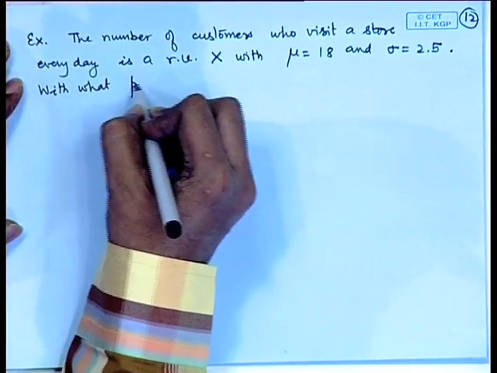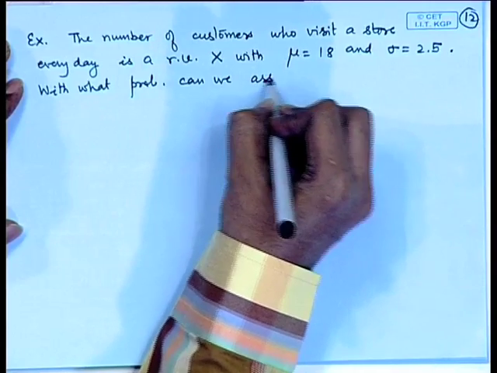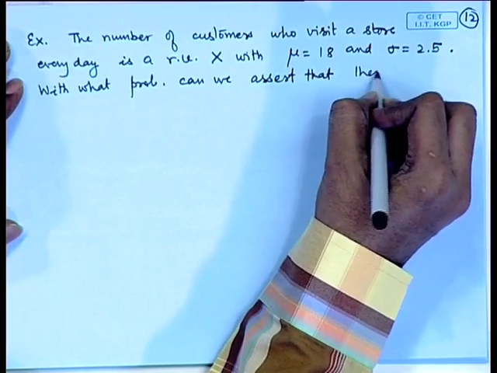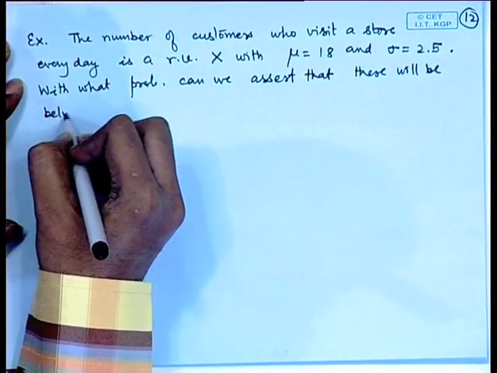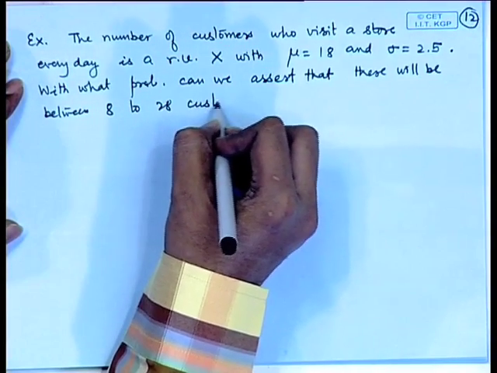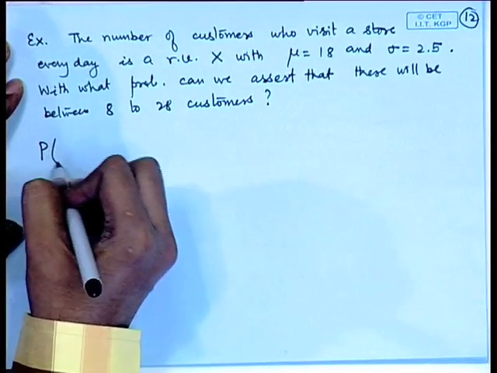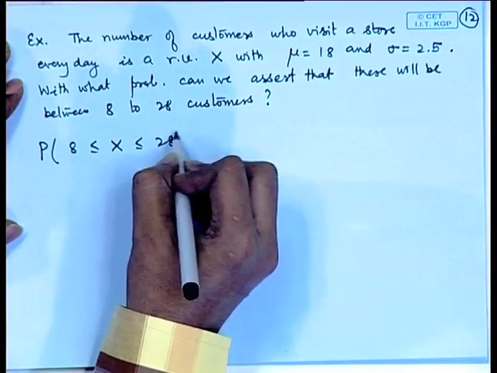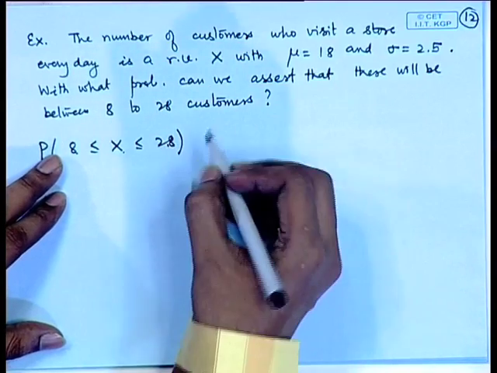With what probability can we assert that there will be between 8 to 28 customers? That means we are interested in an estimate of the probability that the number of customers is between 8 to 28.